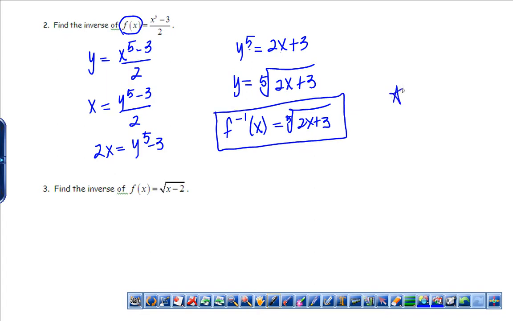Okay, one thing that you need to check for is your domain. Like in the last unit, we checked for restrictions or extraneous solutions. We're going to check for domain. And this is what you need to do. Remember, your domain and range are flipped. So if I check for my domain here, this has a 5th root. Any odd exponent is going to look like your cube root.